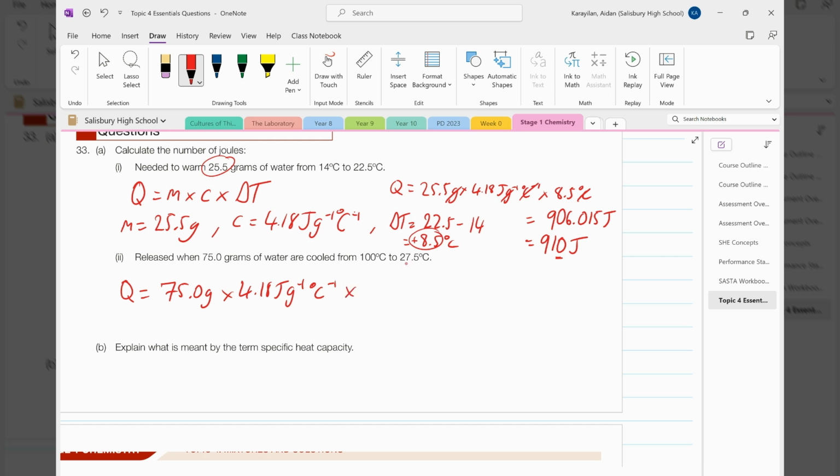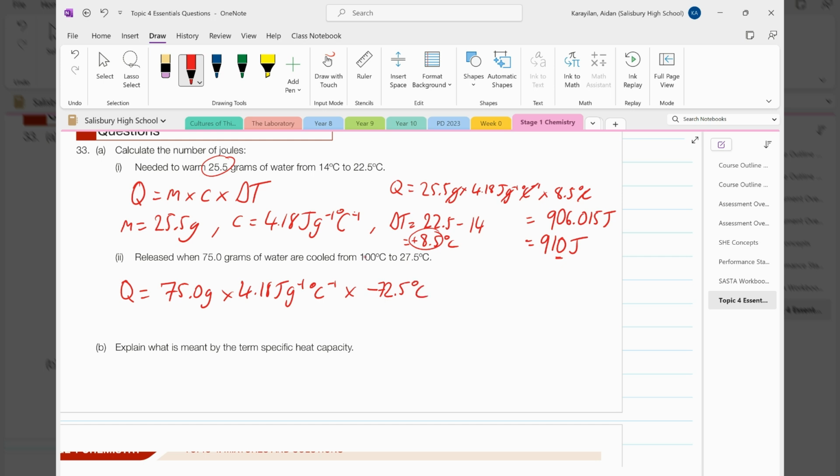So 100 take 27.5, so that will be negative 72.5, I believe.